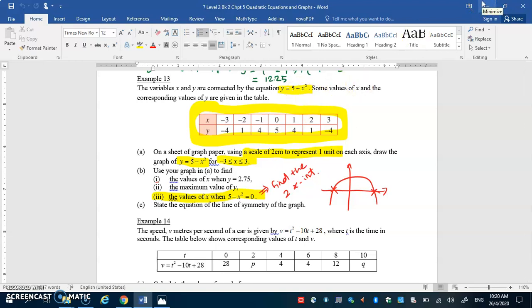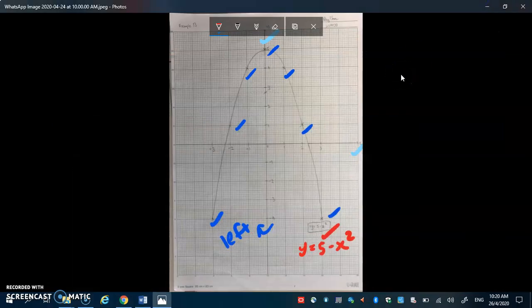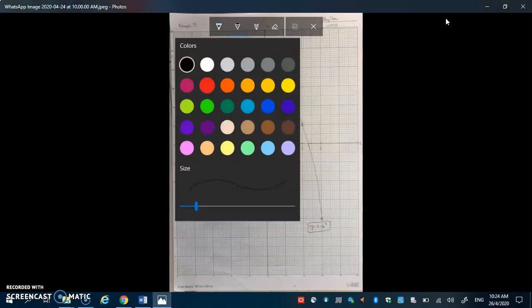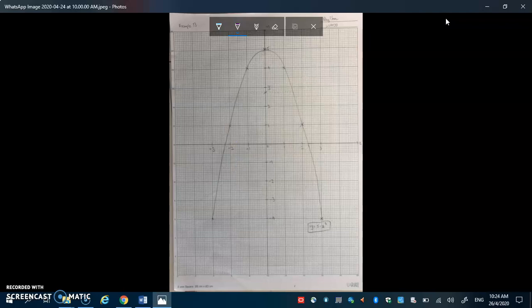So we're going to use the graph and see what values of x we get when y equals 2.75. As you can see from the graph over here, let's use purple. 2.75 is here. It's in the middle of 2.7 and 2.8. So you start drawing a dotted line to both sides because you're going to read two values of x.